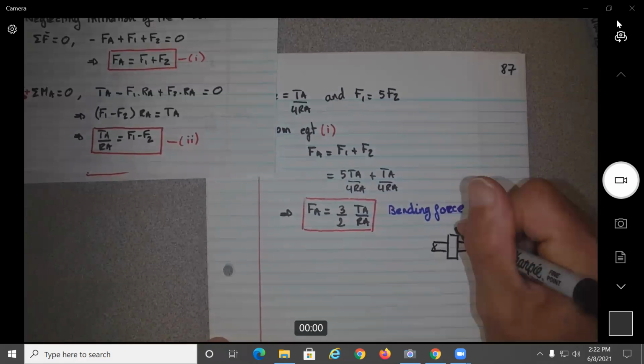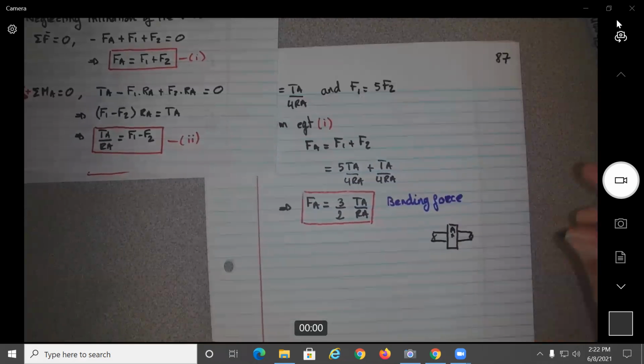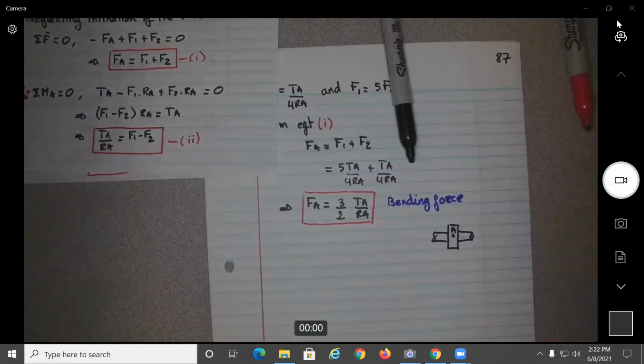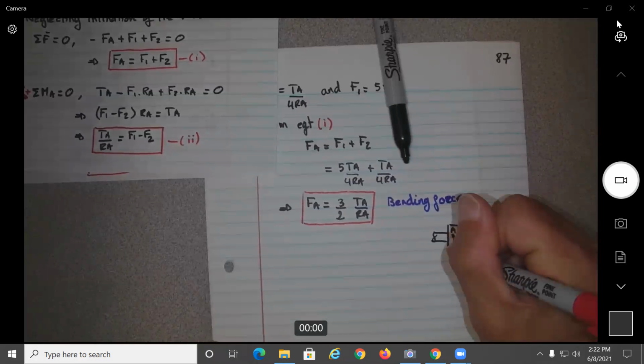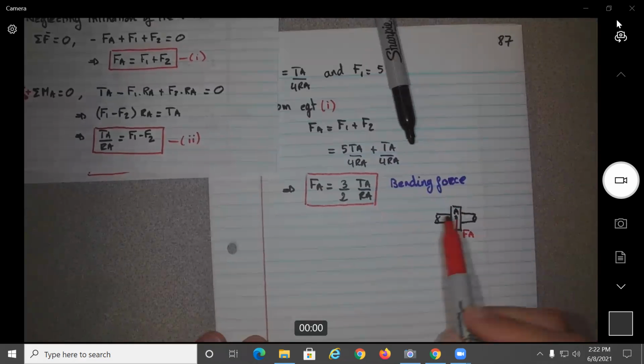Your point A is right here. So the bending force here, F of A, would be creating a bending force on this shaft over here.